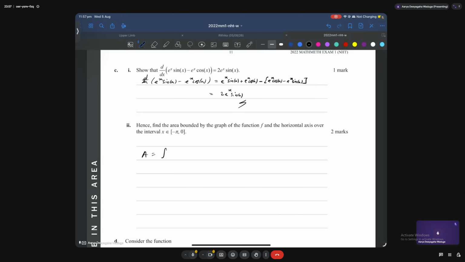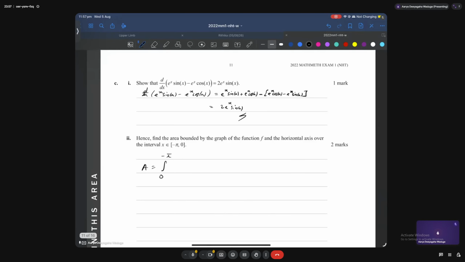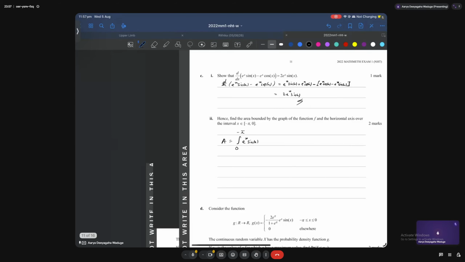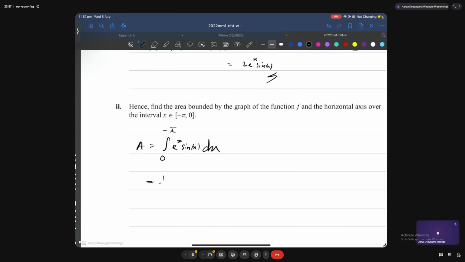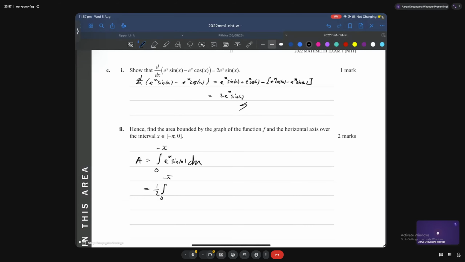The area is going to be given by the integral from 0 to negative pi, just to make it positive. Otherwise you could write negative pi to 0, but to make it positive I'll swap the terminals, of e to the x sine x. So this is equal to half of the integral from 0 to negative pi, because 2 times e to the x sine x is that, so this will be half of it.